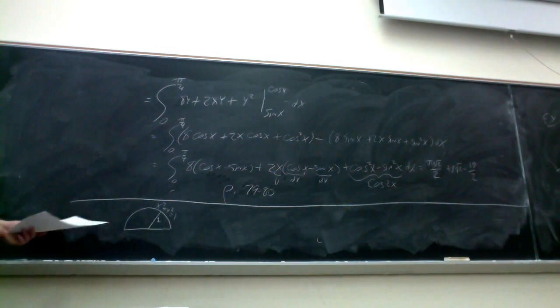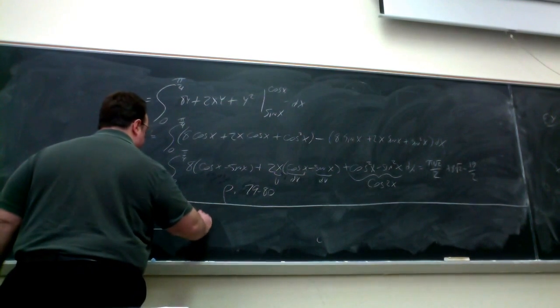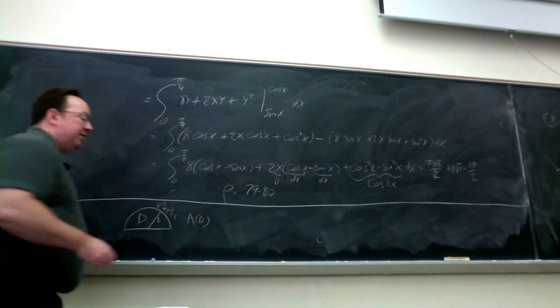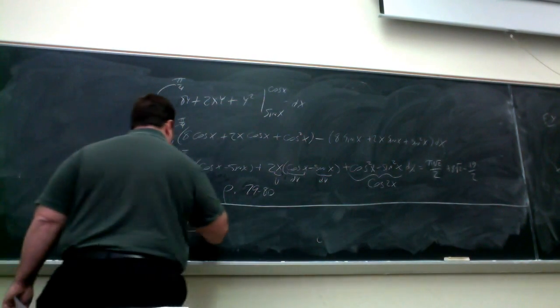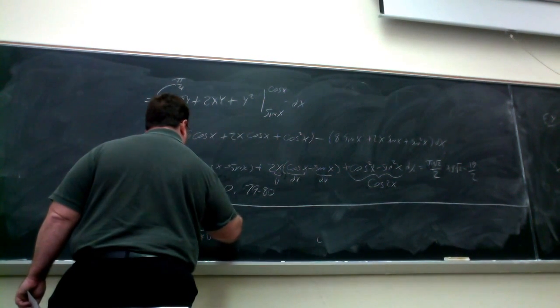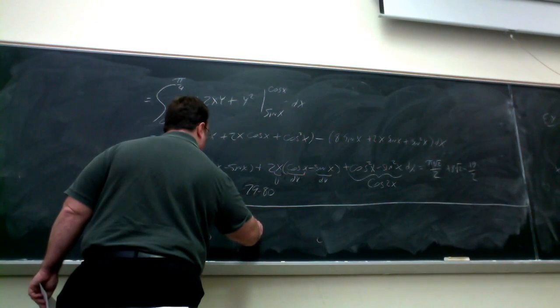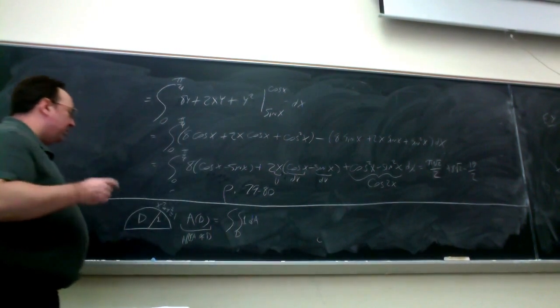If we were to express the area of this, I'll call this D again. The area of D, I often use this notation, A of D means area of D. I used this last time too. So that would be the double integral of 1 over the region D. But then what would the limits be?